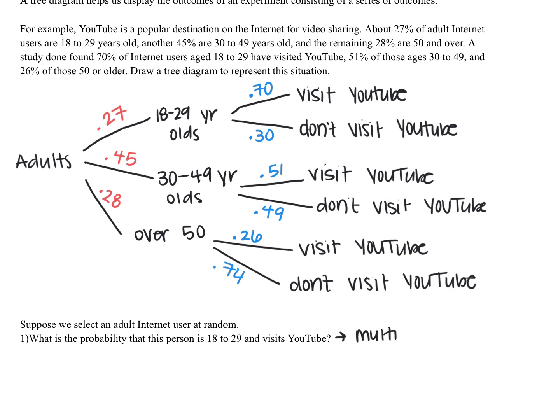So I'm going to take the probability that you're 18 to 29, 0.27, and multiply it by the probability you visit YouTube, 0.70. And you get 0.189.